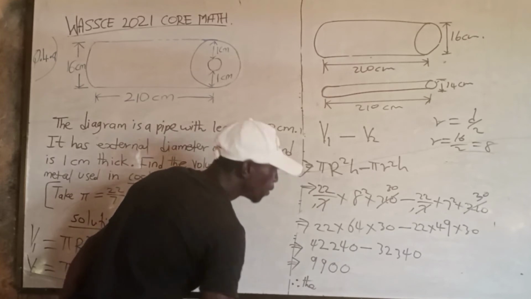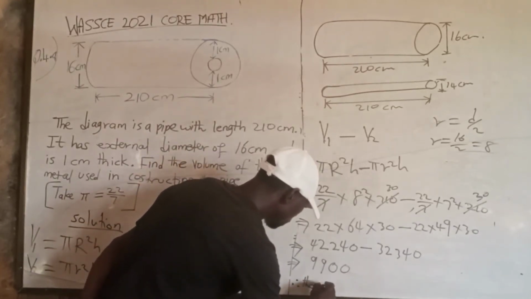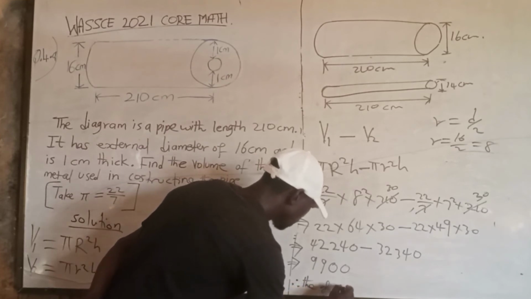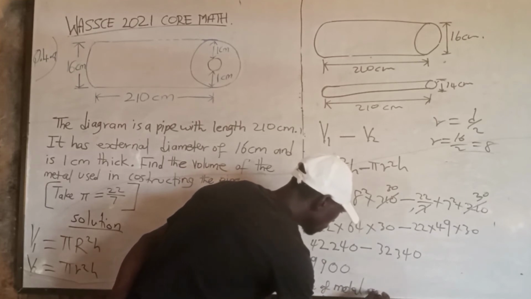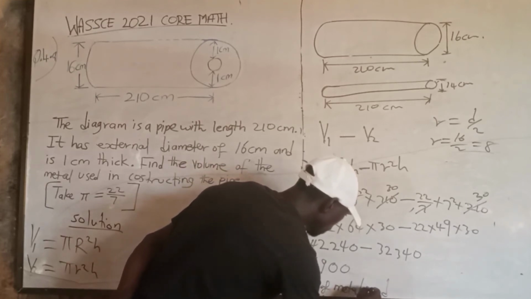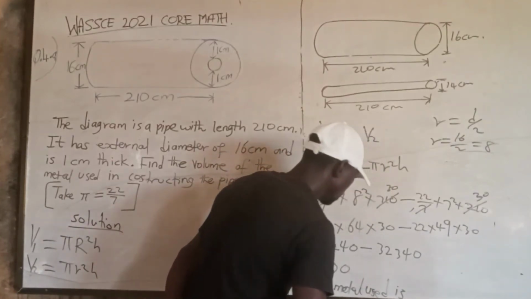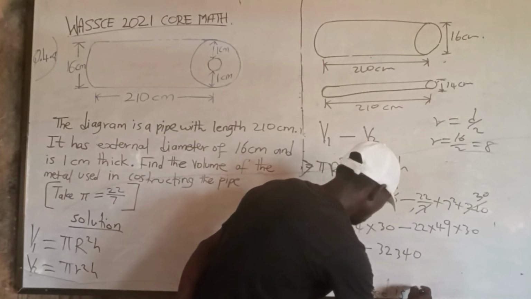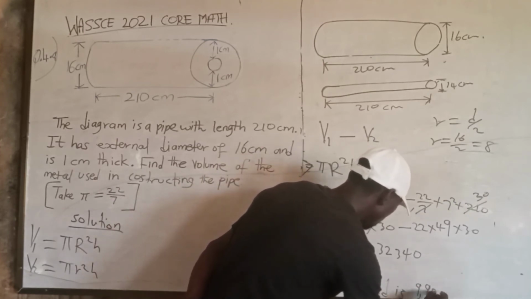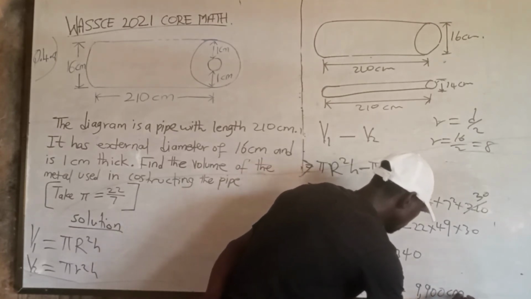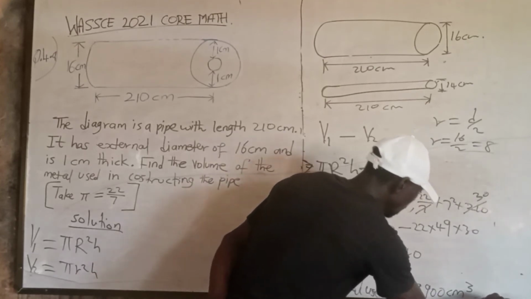So you see, therefore, the volume of metal used is 9,900 centimeters cube, and then that is that.